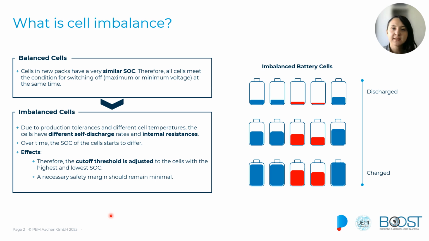Ideally, all of the cells in a battery pack should have the same state of charge, and this is needed to ensure uniform performance in our battery. For example, in a completely new battery pack, the cells are going to be closely matched by the manufacturer, trying to make them reach their charge and discharge limits simultaneously.